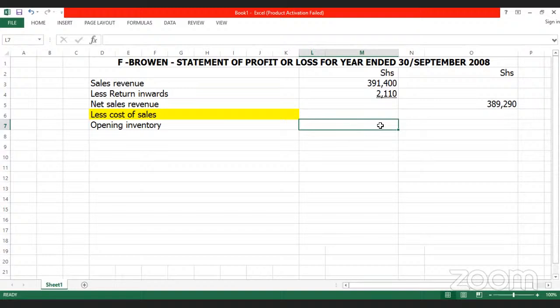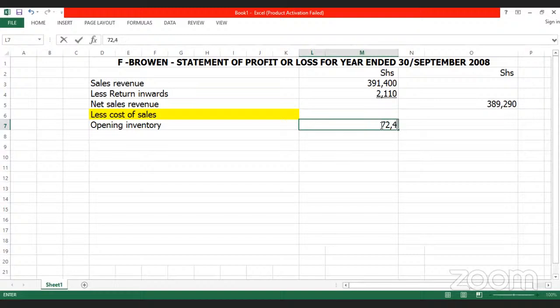So how much is that opening inventory? Check the trial balance. That is the stock on 30th September 2007, the stock as at the end of the previous year.